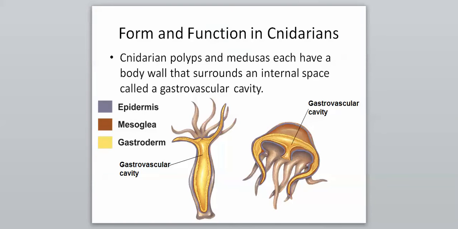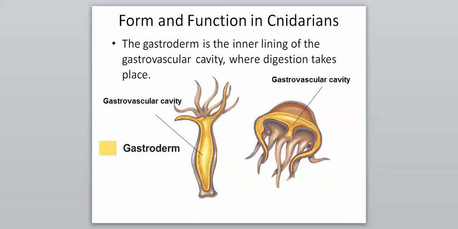The Cnidarian polyps and medusas each have a body wall that surrounds an internal space called a gastrovascular cavity. The gastrovascular cavity is this big yellow area. That's basically where the food comes in, the most important part there, food and digestion. The gastroderm is the inner lining of the gastrovascular cavity where digestion takes place.